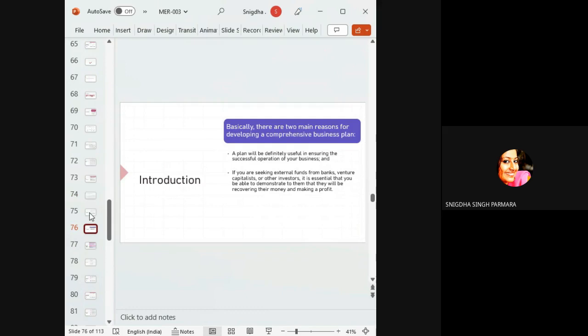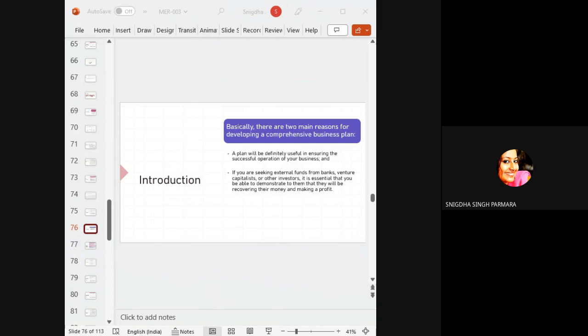So, there are two main reasons for developing a comprehensive business plan. One, it ensures successful operation of your business. When you already have things planned in hand, it is very easy to implement the same.